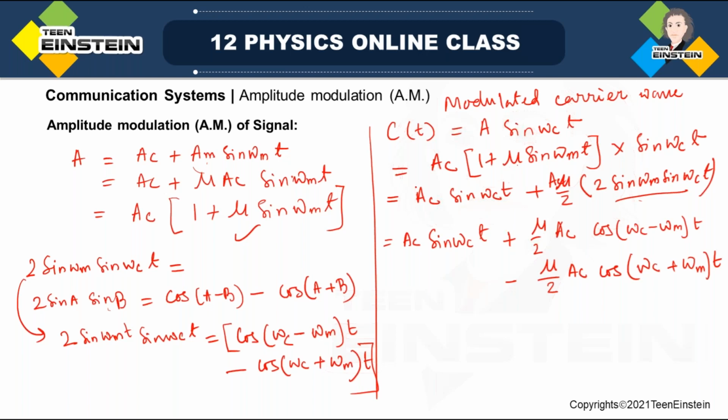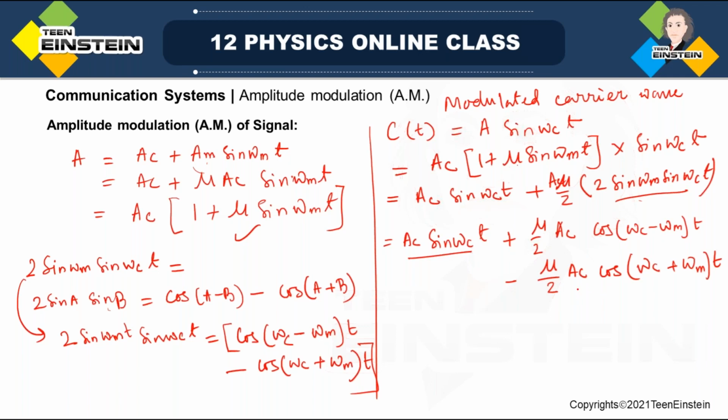See that after modulation we have got three terms. The original carrier wave, along with that some wave which has amplitude half into mu. This factor means it is less than the original one, and the frequency also is less than the original frequency omega c.